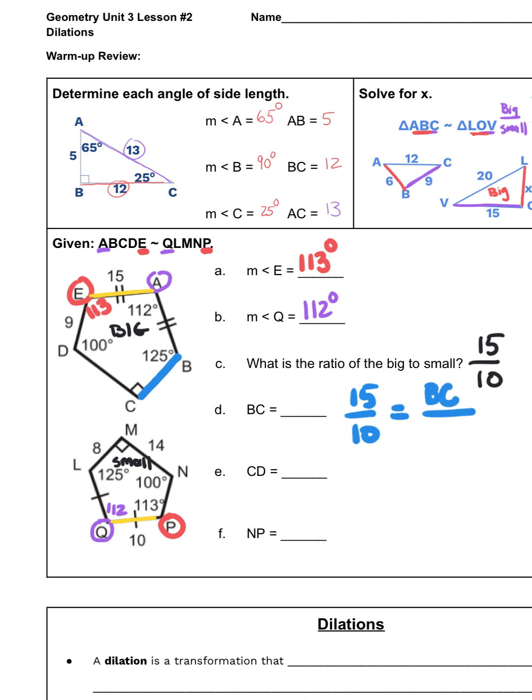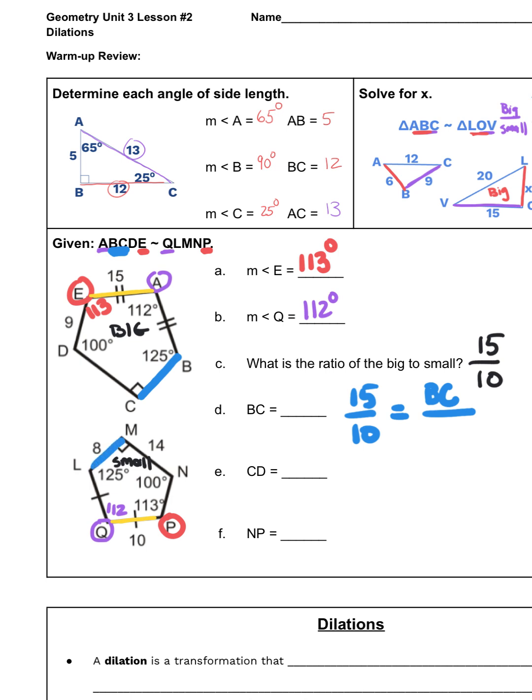Now let's find out what B to C corresponds with. Up on our similarity statement, BC is right here. It is the second and the third letter. So over here, the second and third letter is LM. So let's go and find LM on the smaller figure. LM is right here.